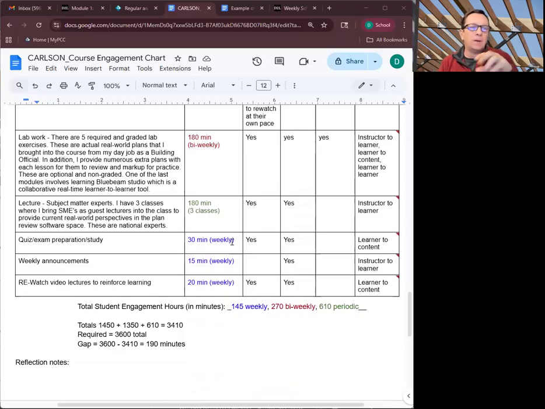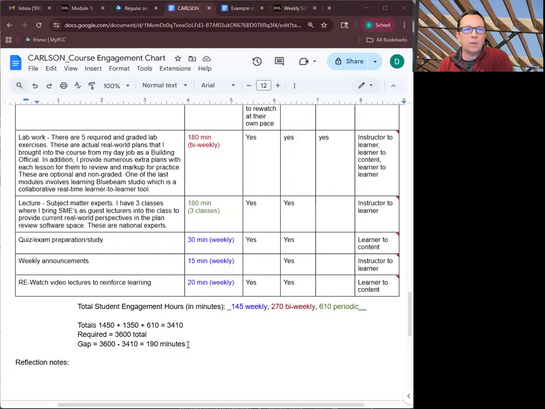I could identify where I had some gaps, and the total gap that I had was 190 minutes for the whole course. So that equates to about 19 or 20 minutes or so for each lesson, each class.